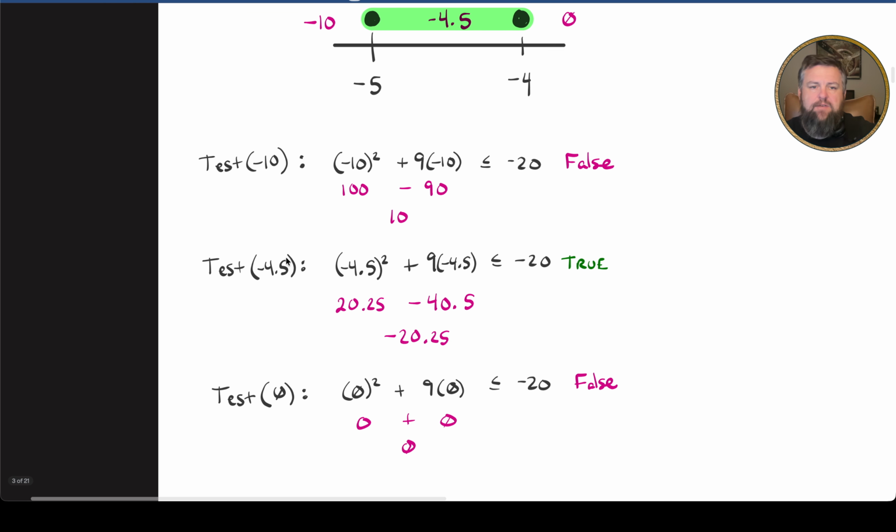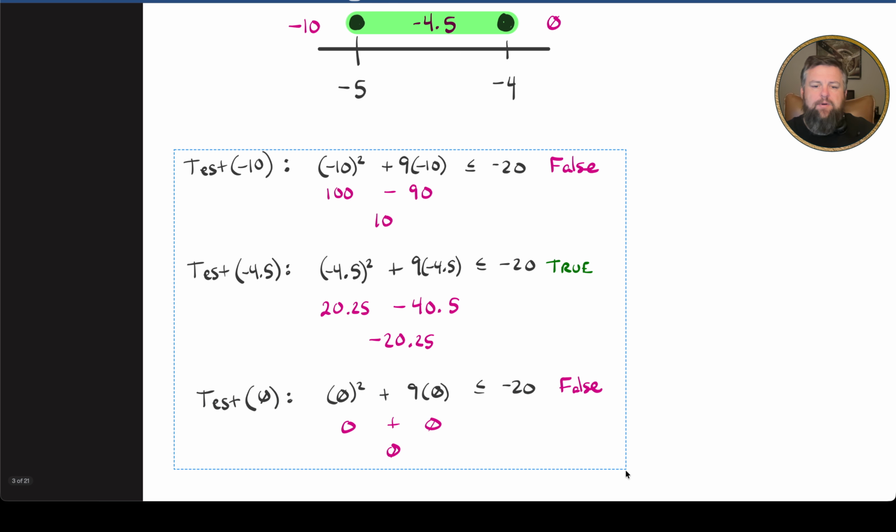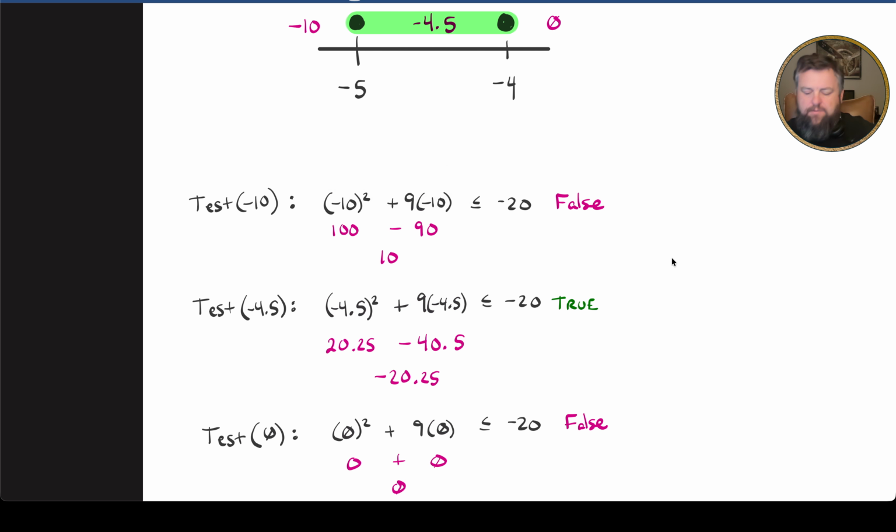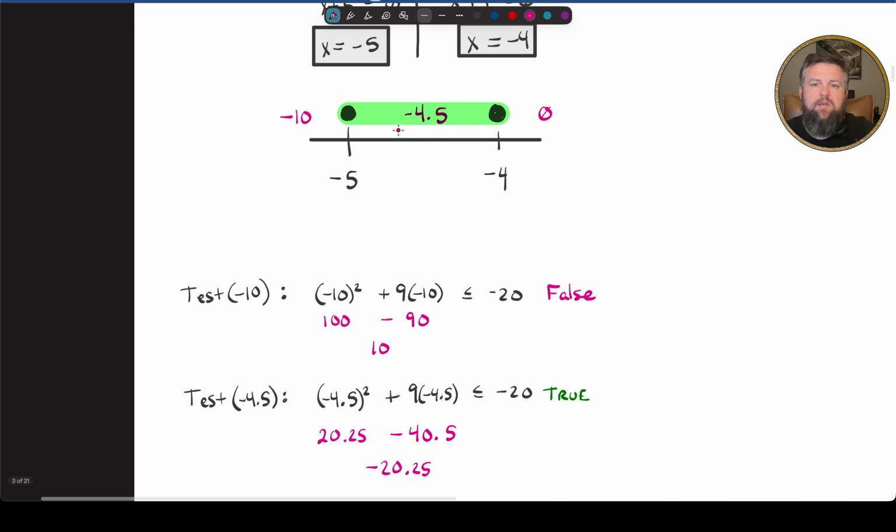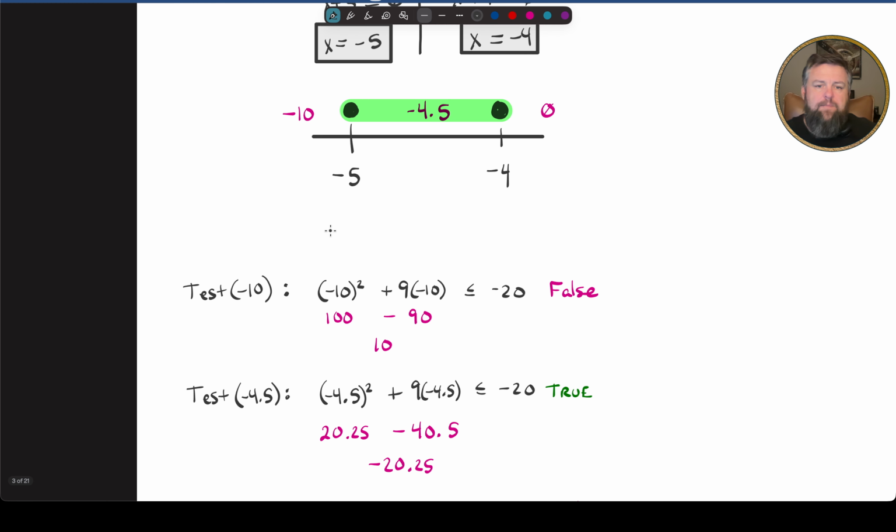Okay, so let me move this down just a little bit. Our final piece is to write the actual inequality that represents this. So we have negative 5 less than or equal to x, which is less than or equal to negative 4. That's one way to write it.